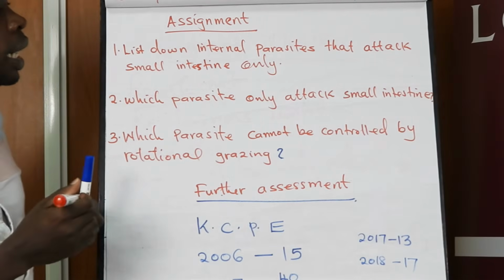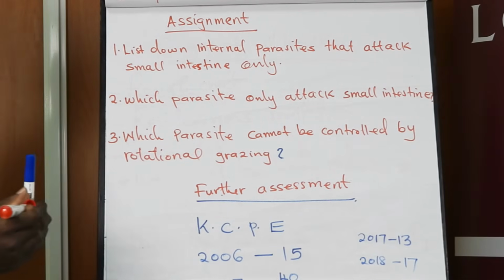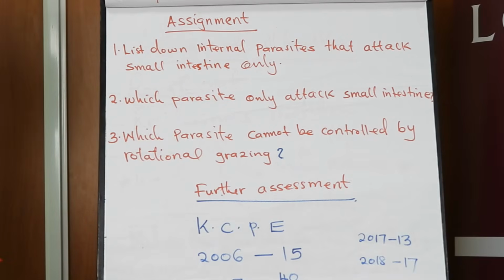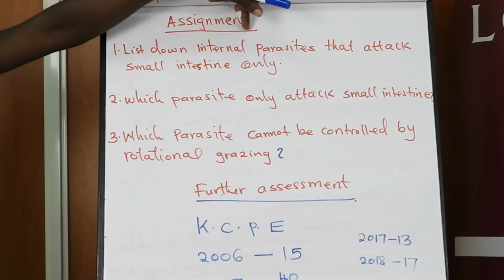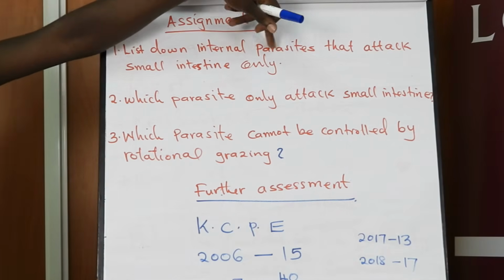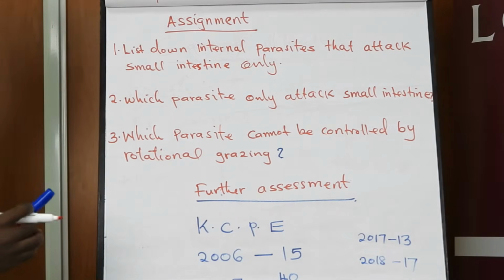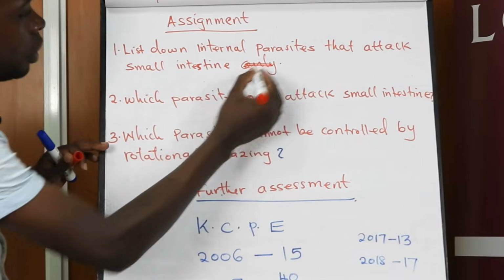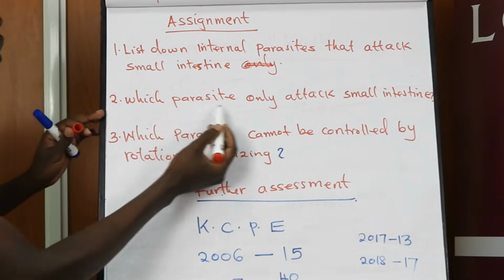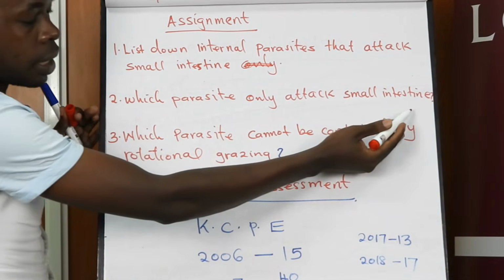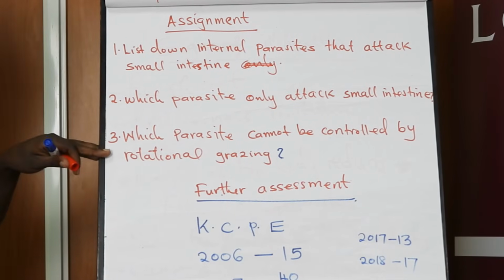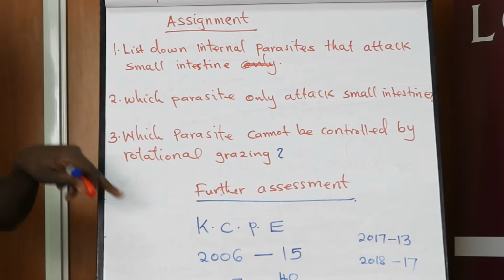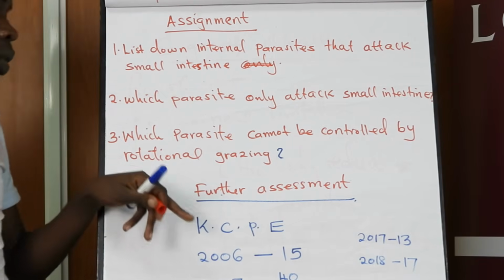Which parasite only attacks the small intestine? These are two different questions. The third question, which parasite cannot be controlled by rotational grazing?